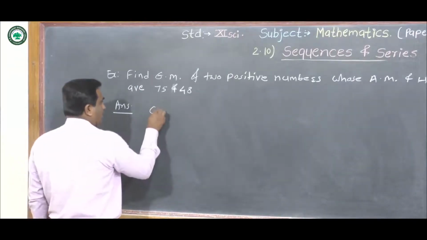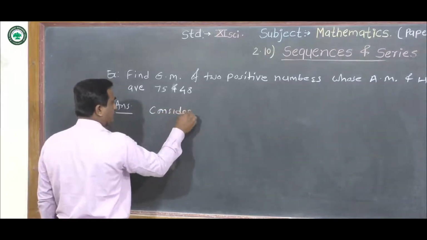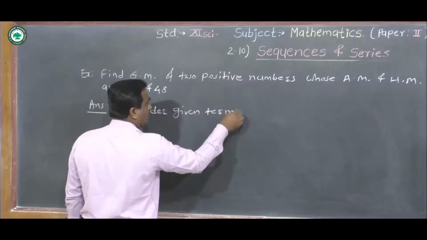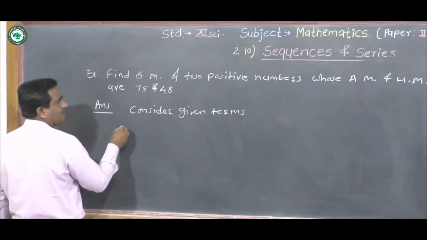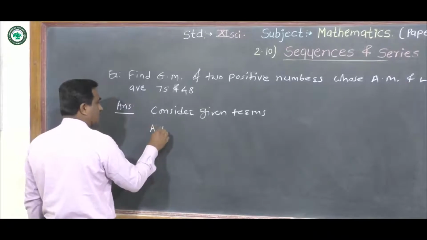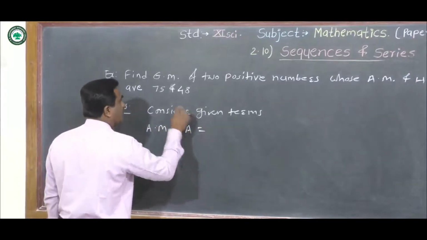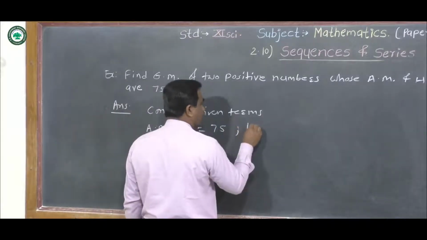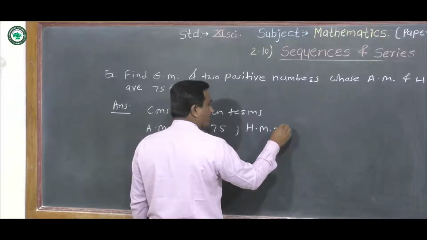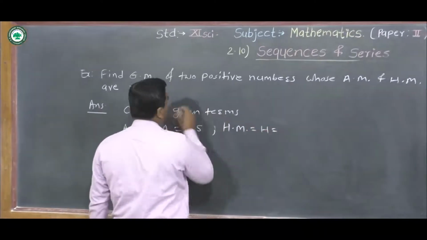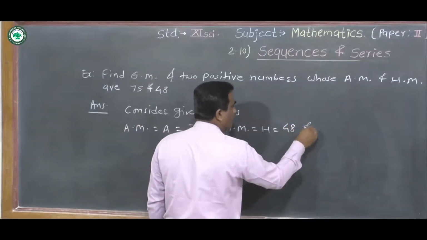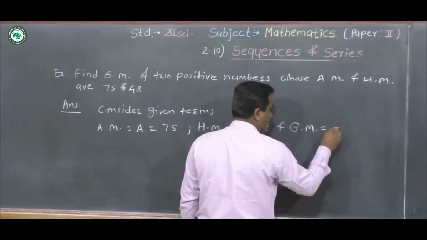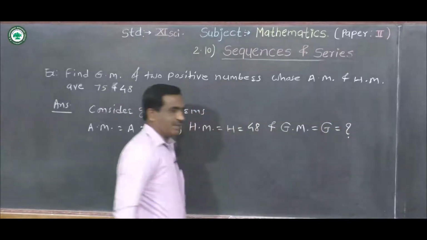Now consider the given terms here, that is AM equal to A is equal to 75, HM is equal to H is equal to 48, and we have to find GM, G equal to question mark.